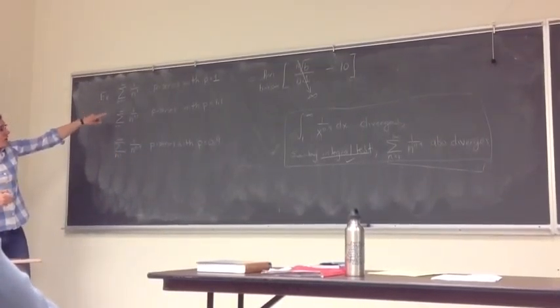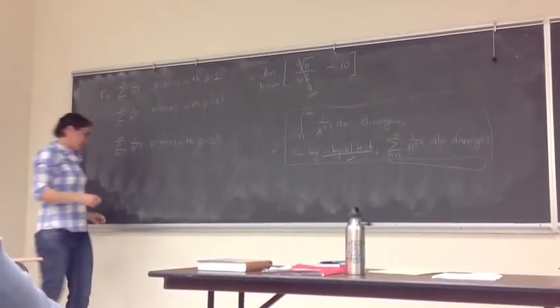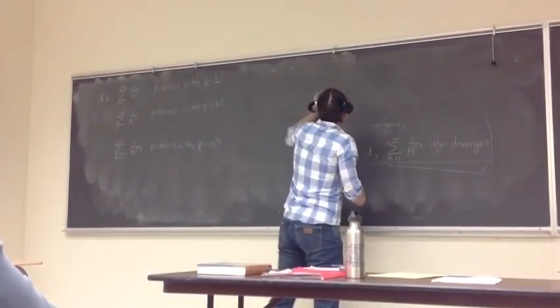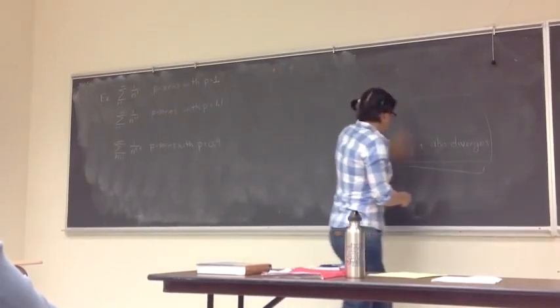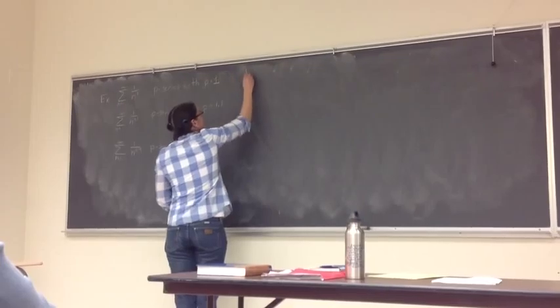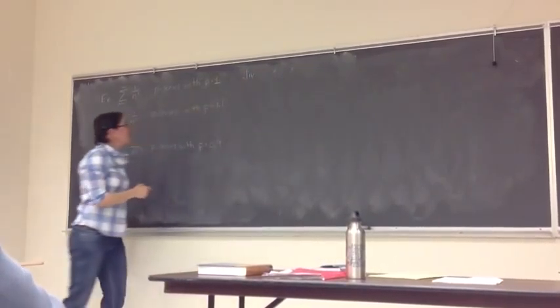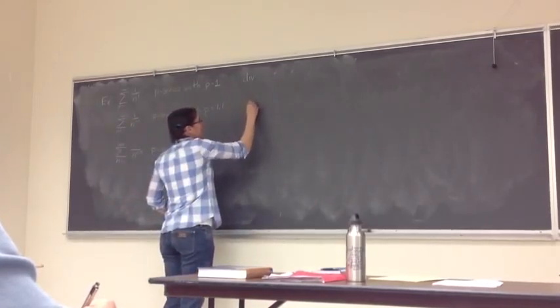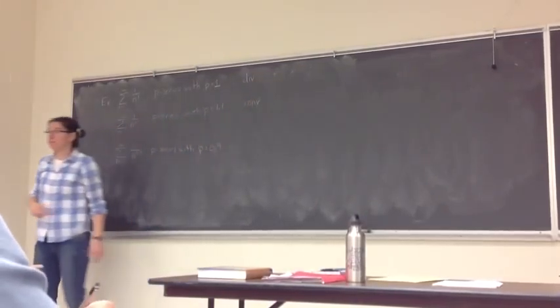So when I look at these numbers, on the first one, the series diverges, and we showed that by using the integral test. In the second one, when p was equal to 1.1, that series converged.